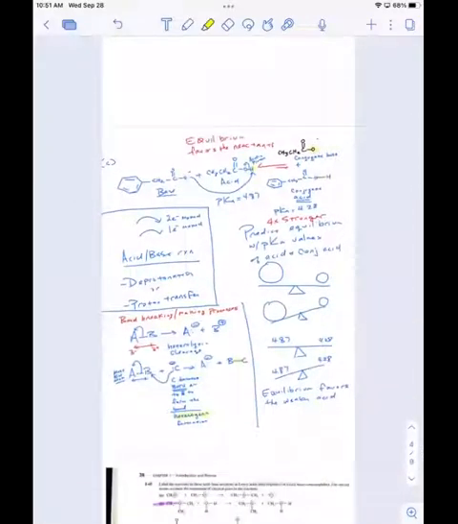I want to make the point of why this goes towards the reactants. Let's go back to the basic definition of an acid. What do acids do again? Bronsted acids. What do they give up? A proton. So stronger acids are better at giving up protons.